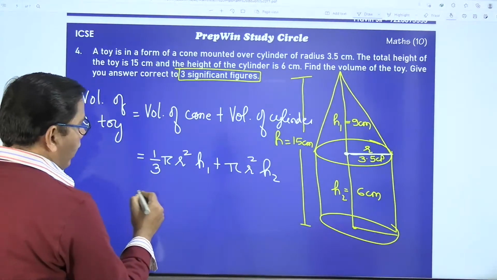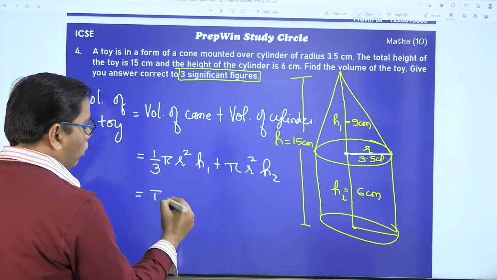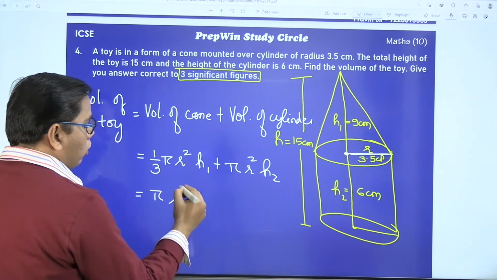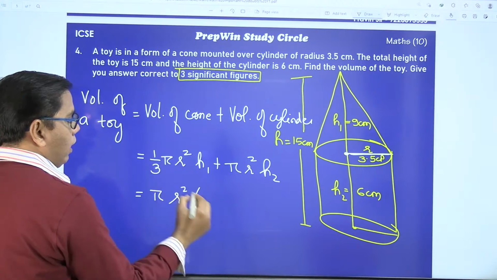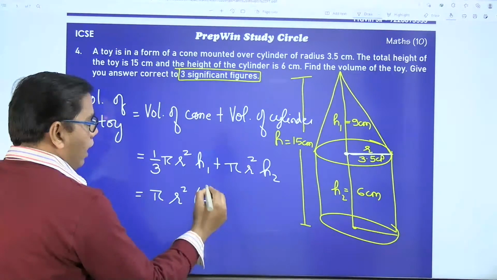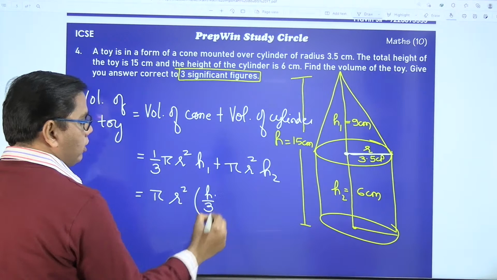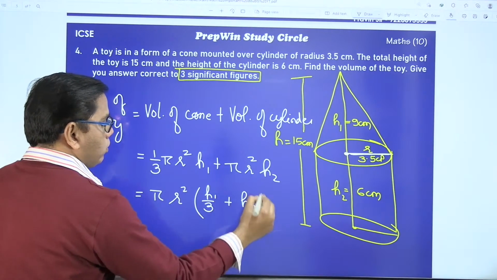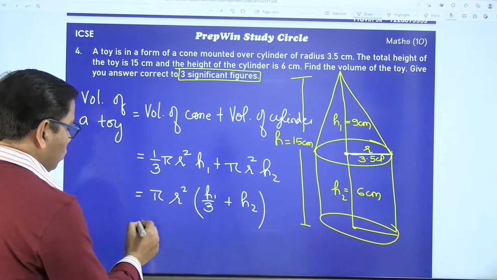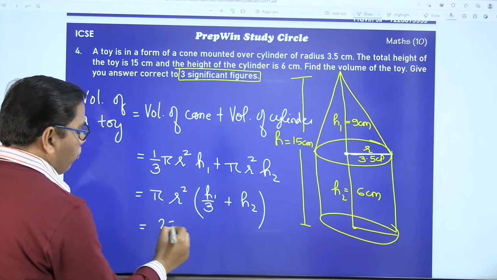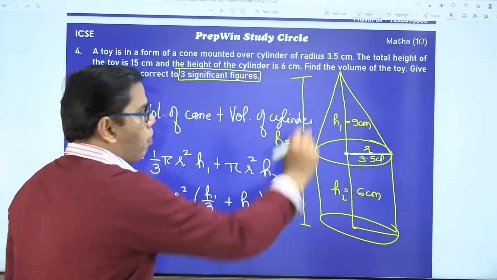Okay, so what I see is that pi is common in both the cases, r square is also common in both the cases. So what am I left with? 1 upon 3 h1. Okay, so h1 upon 3 I will write, plus h2. So what is this? Pi, the value of pi is given.